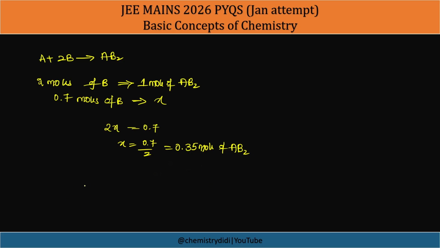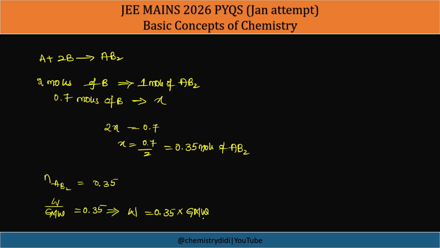So here, as you have got the number of moles of AB2 produced as 0.35, if you know the number of moles, you can easily find out the weight, right? Number of moles times gram molecular weight gives the mass. So here weight will be 0.35 into what? Gram molecular weight, right?